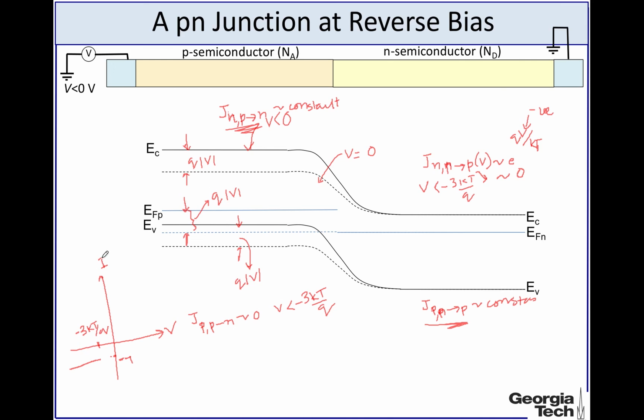Okay, so let's plot J, the current density. So this will be minus J naught here, and this curve will pass through 0, and so this is the reverse bias, and in the forward bias it will just follow an exponential dependence, and this is the forward bias which we discussed in one of the earlier lectures.